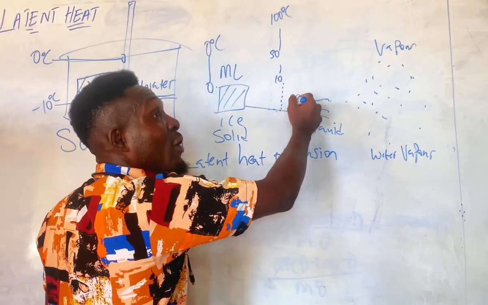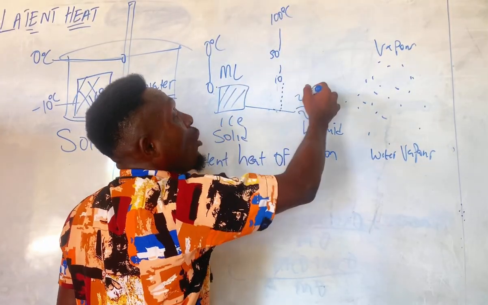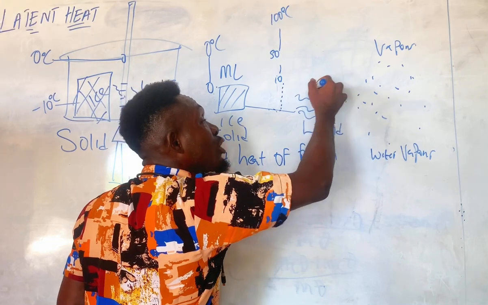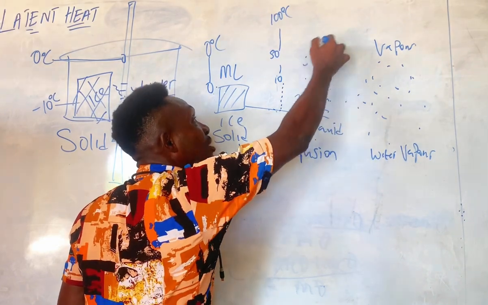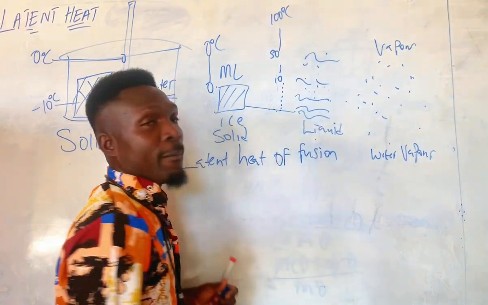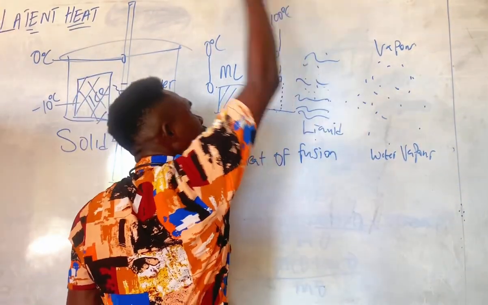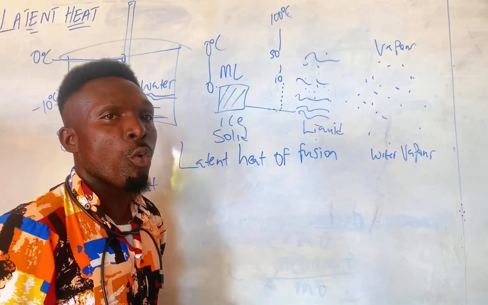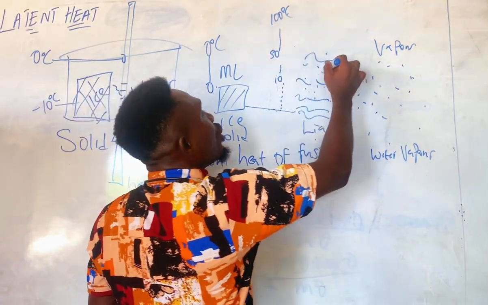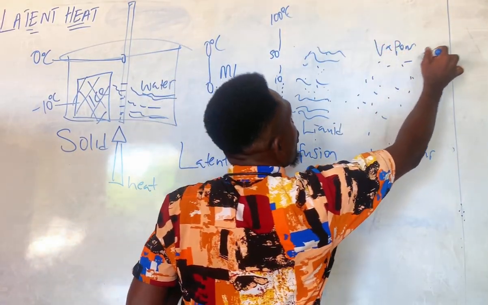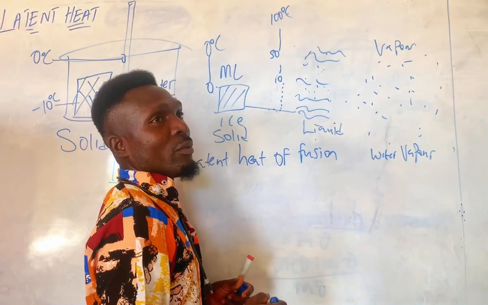Remember, at this temperature, 10 to 90 or 99, the substance is in what? Liquid state of matter. But once it gets to 100 degrees Celsius, the heat is now used to change this liquid into water vapor.